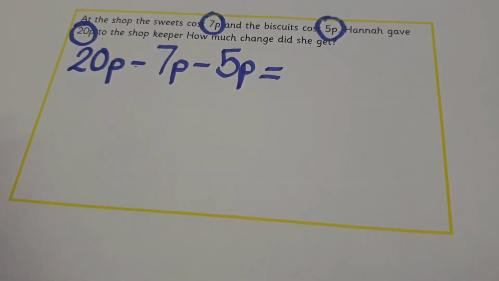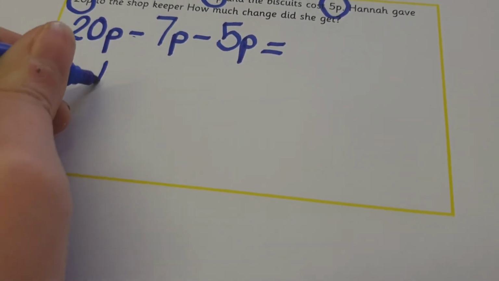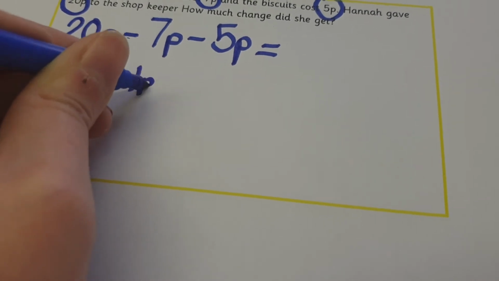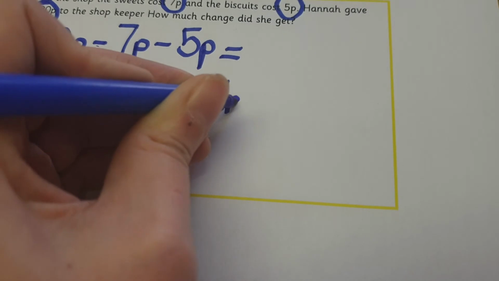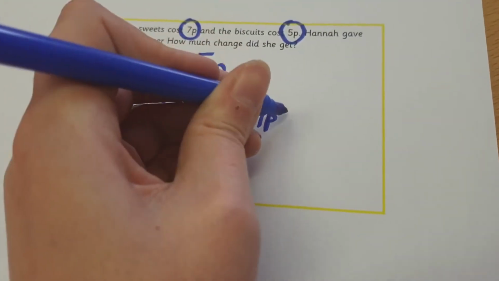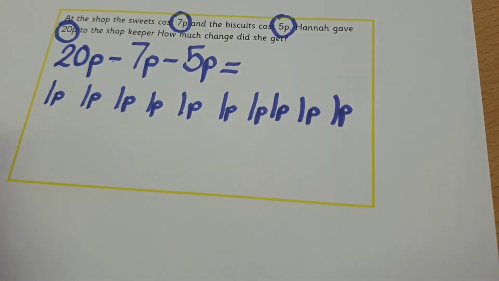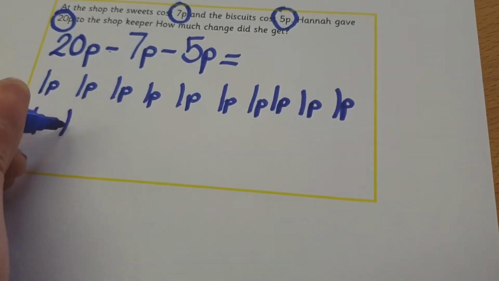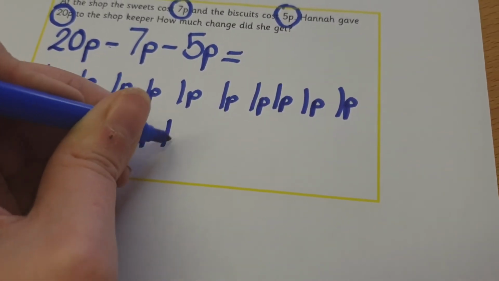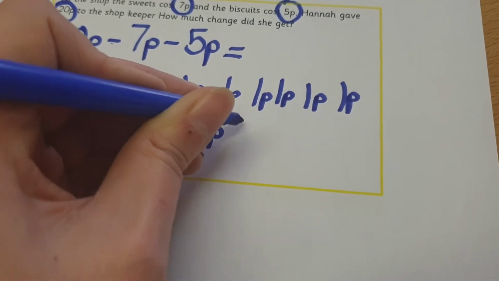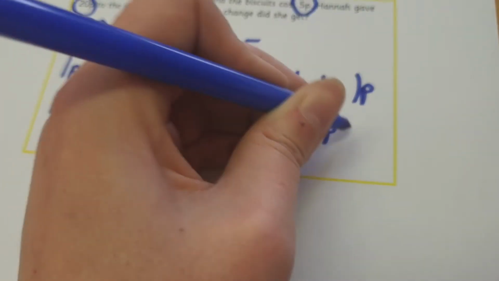Well done, I'm going to draw 20 1p's. Can you help me? 1p, 2p, 3p, 4p, 5p, 6p, 7p, 8p, 9p, 10p, 11p, 12p, 13p, 14p, 15p, 16p, 17p, 18p, 19p, 20p.